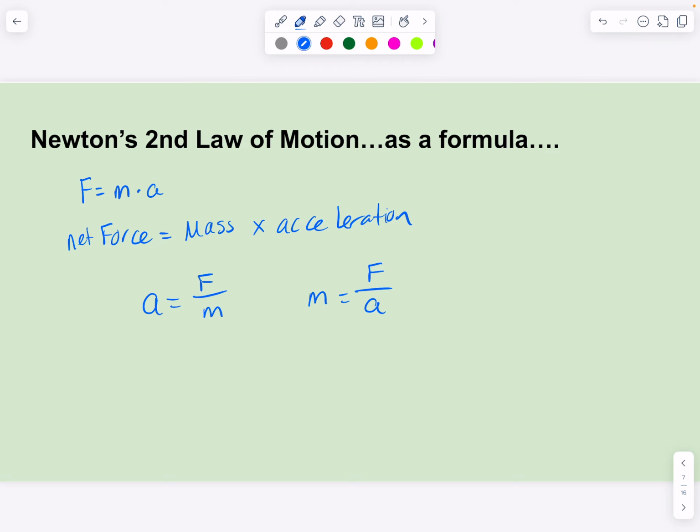Those are different ways you can use that formula to solve for different unknown parts of an equation using the different variables. But do remember, we're talking about the net force. All the time, think net force. Don't forget that.